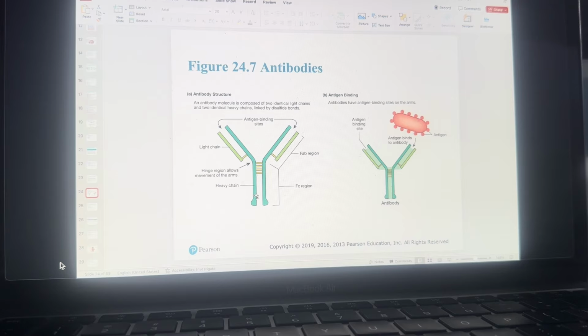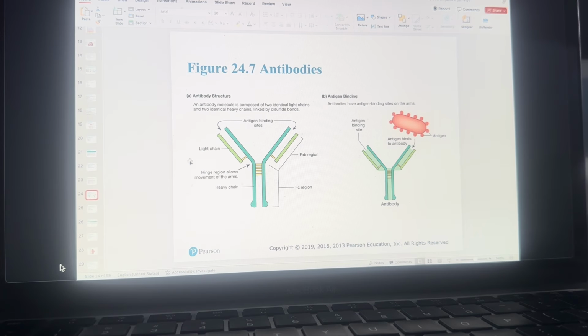And then you have two little prongs that are the variable domain. Those little prongs change depending on what the antigen is, okay? So they can modify their light chains and heavy chains right here, so that they can accommodate many different types of antigens to detect, okay?